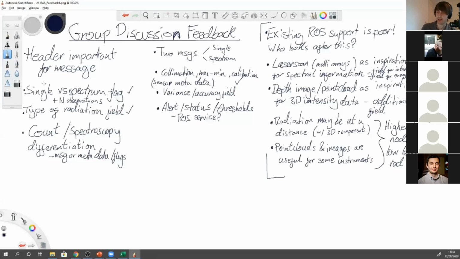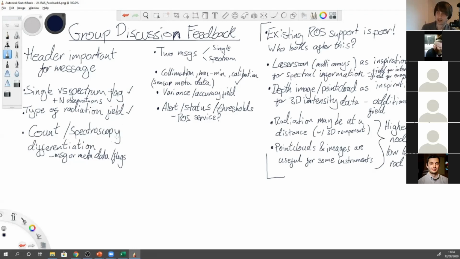Then, is it a single measurement or is it a spectral measurement flag? I think we had more points saying that it should be in one message, but some people were saying maybe it should be differentiated. I'd like to have a further discussion about that.